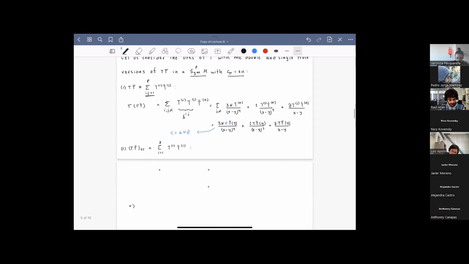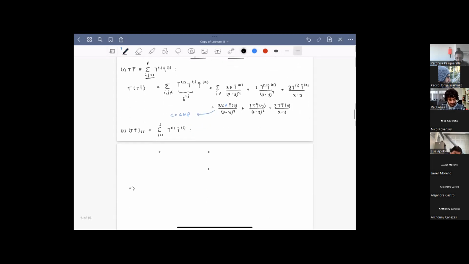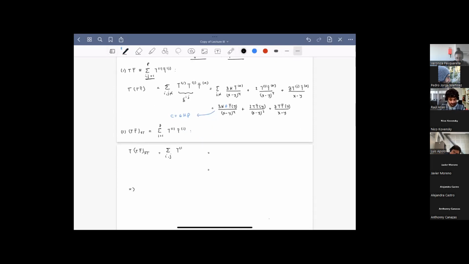What we get in this case is just two sums on this side. We again get a Kronecker delta here, so the right-hand side contains only one sum. At the end of the day, the central extension that you get is just the central extension of the seed theory, 6k.